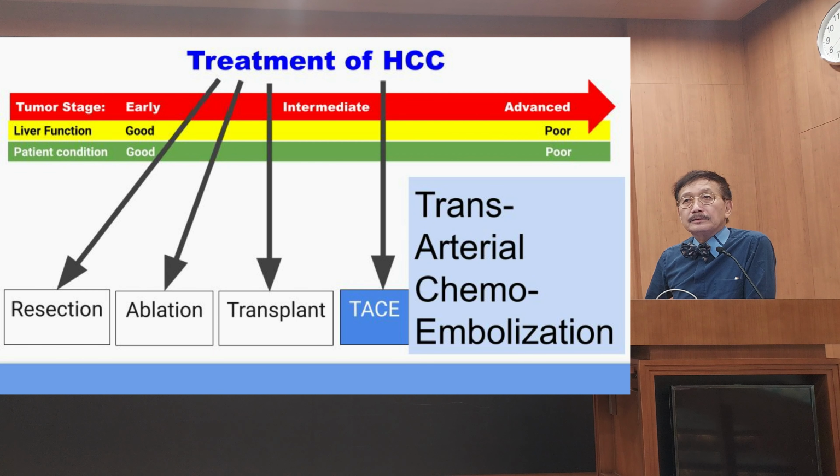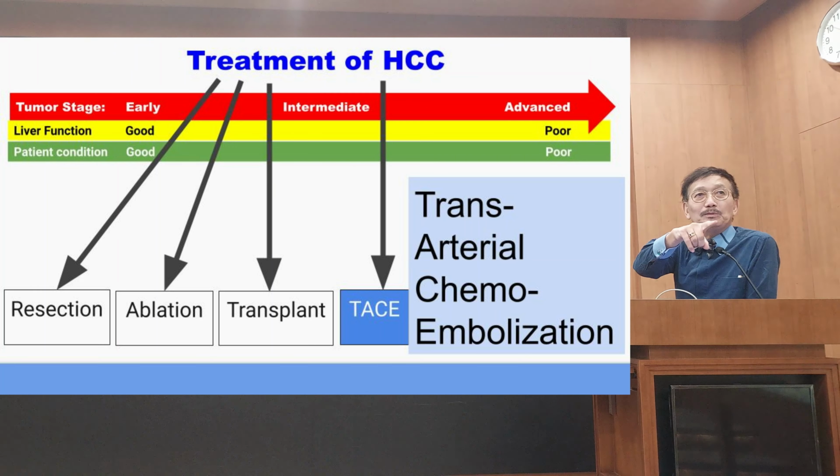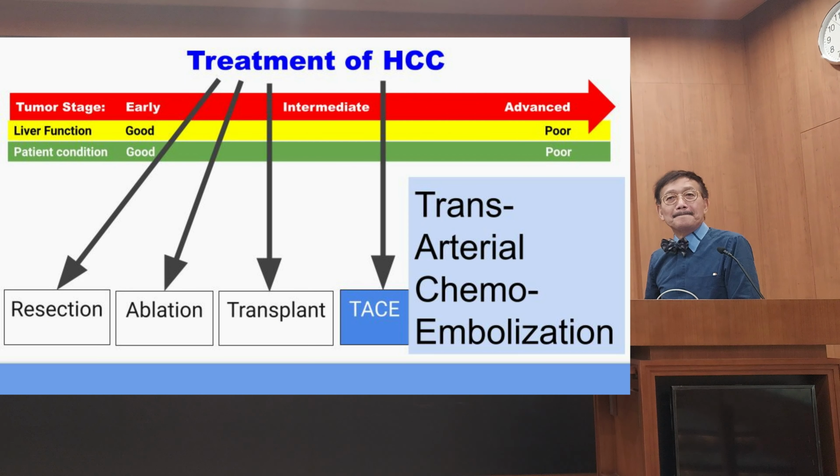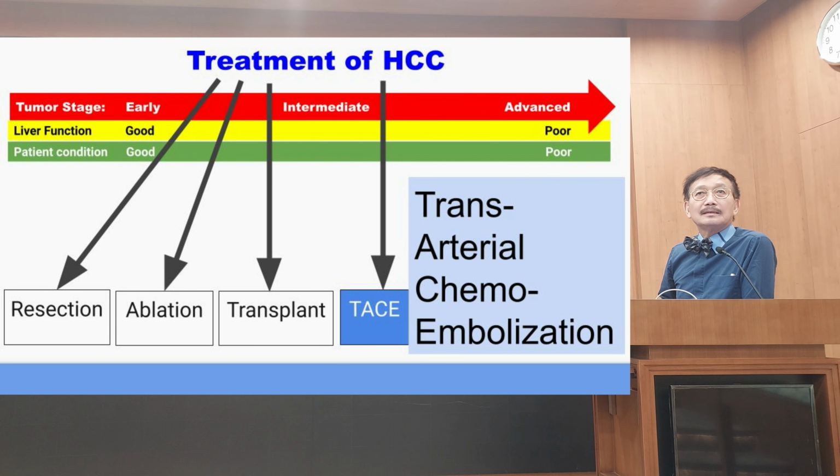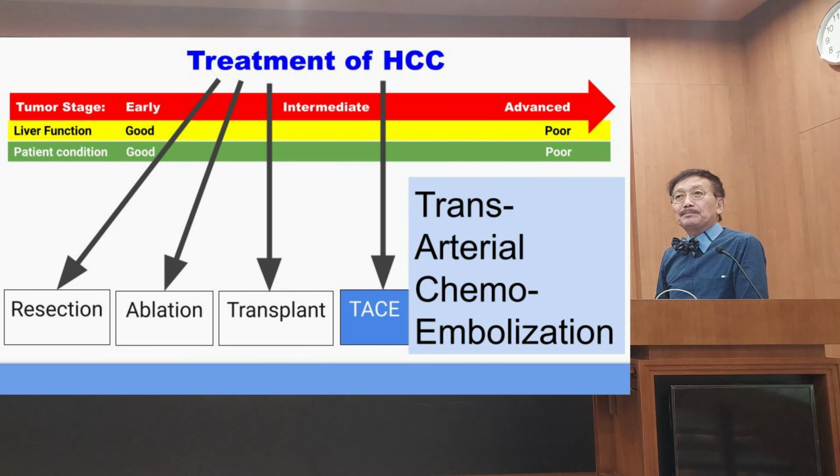How about embolization? A, it decreases flushing out of the chemotherapy. Yes, okay. The one who copied is correct this time. And also causes partial ischemia of the tumor cell. Yes, partially.